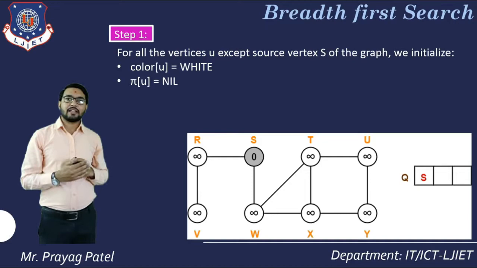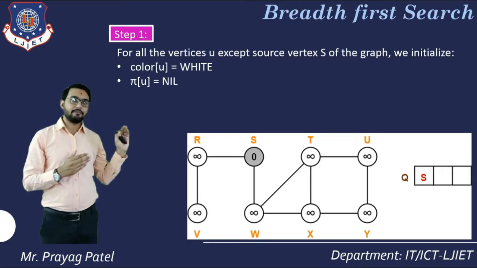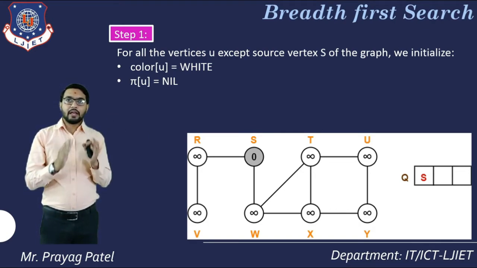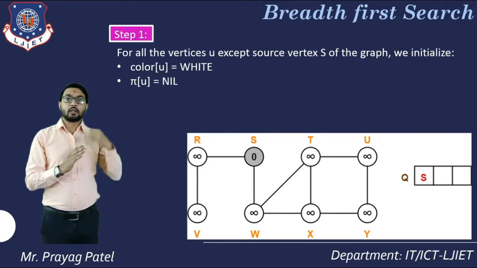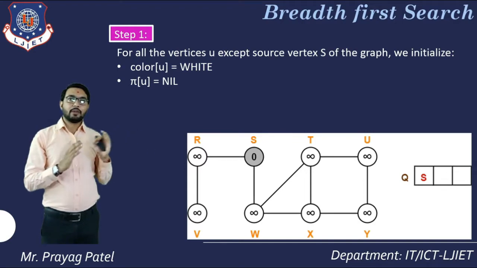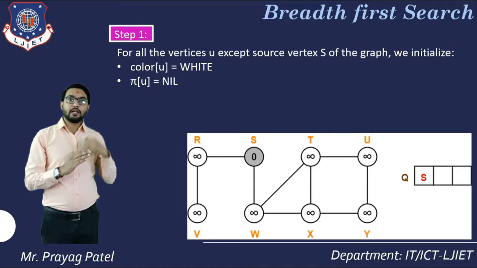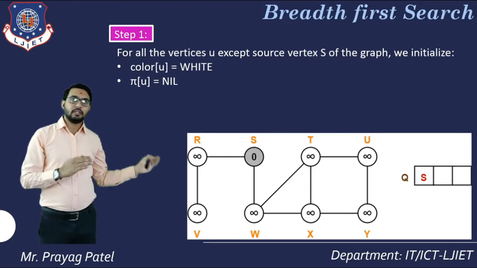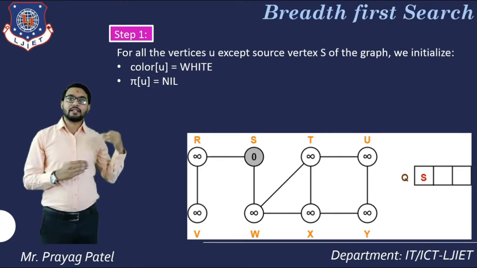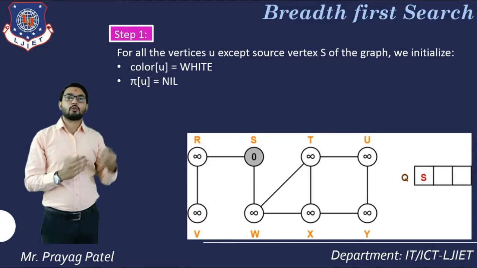Now consider the next, pi of u equal to nil. What is pi and why do we use it? The pi function is used to store the parent node of a particular node. Initially all the nodes are not connected. Since this is a graph, but when you represent this graph as a tree, then any node is considered as a parent or root node.